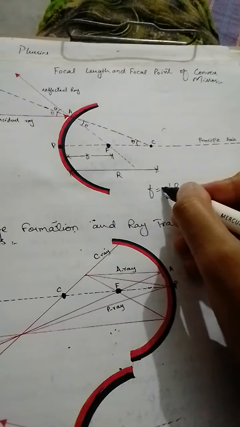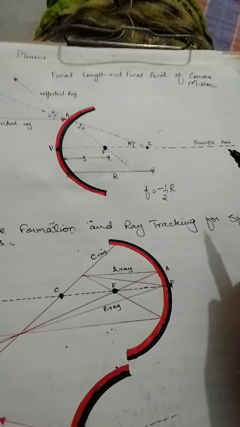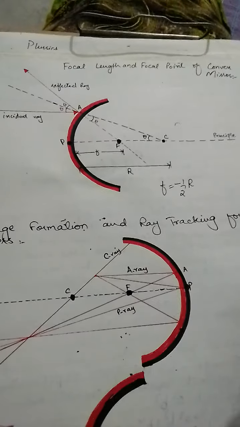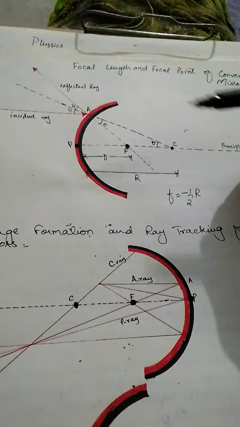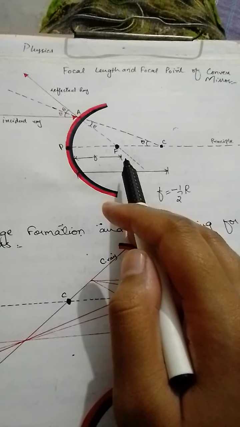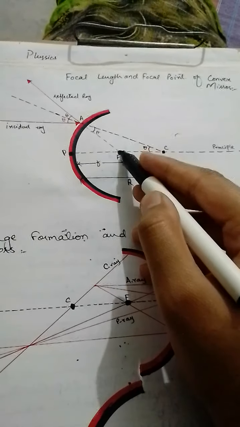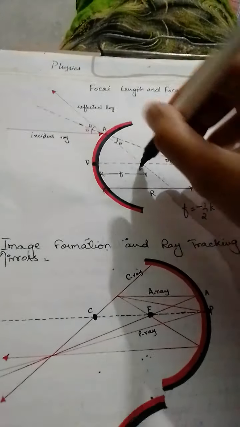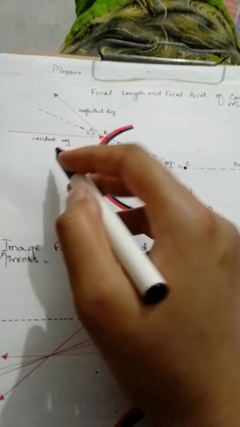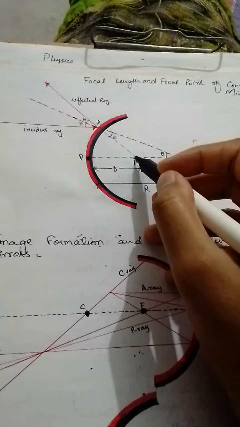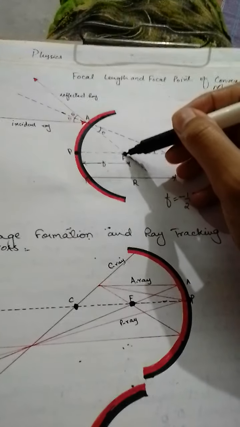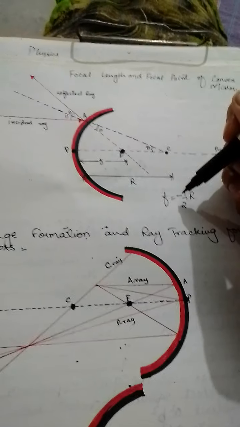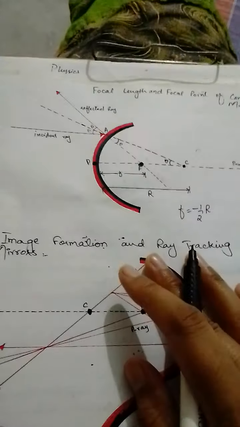But remember that here we would put a negative sign. Why do we put a negative sign here? Because this image was formed behind the mirror. This is the focus point, this is where the image is meant to be formed. As this image is formed not in front of the mirror but virtually behind the mirror, the image will be virtual and there would be a negative sign with the focal length.